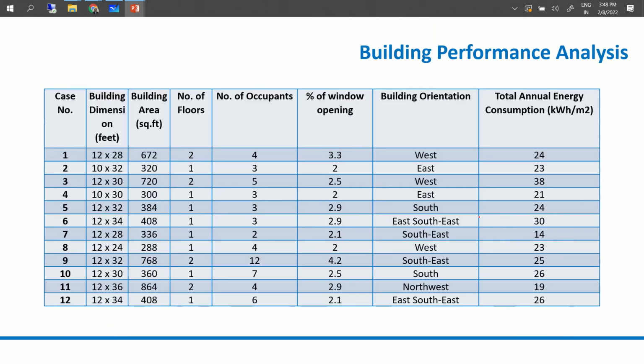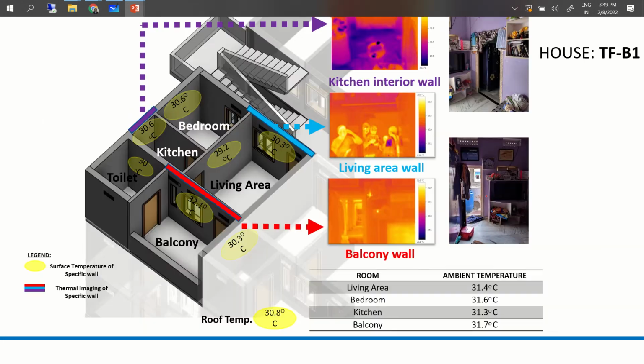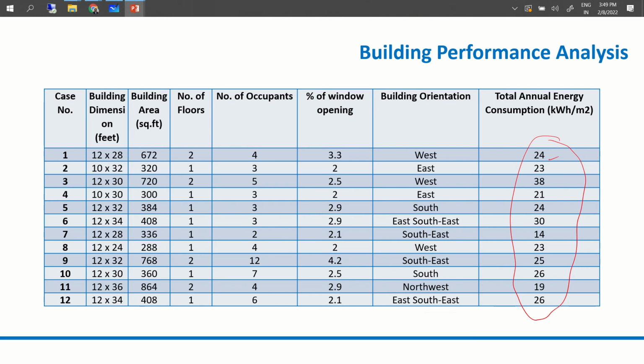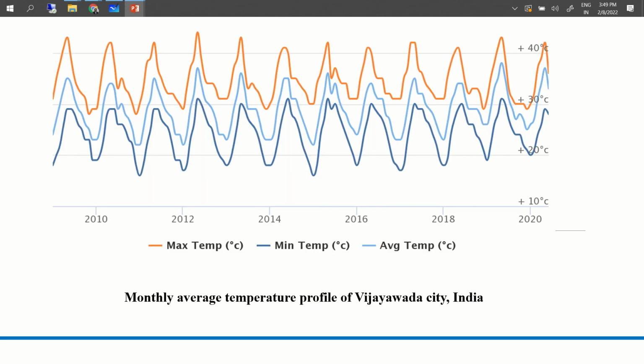Finally the energy for each unit is calculated, and so on. Maybe let's not go into details, but what I'm trying to say is we need this much information to arrive at numbers like this, and further to say whether this is good, not good, what can be done, and so on.